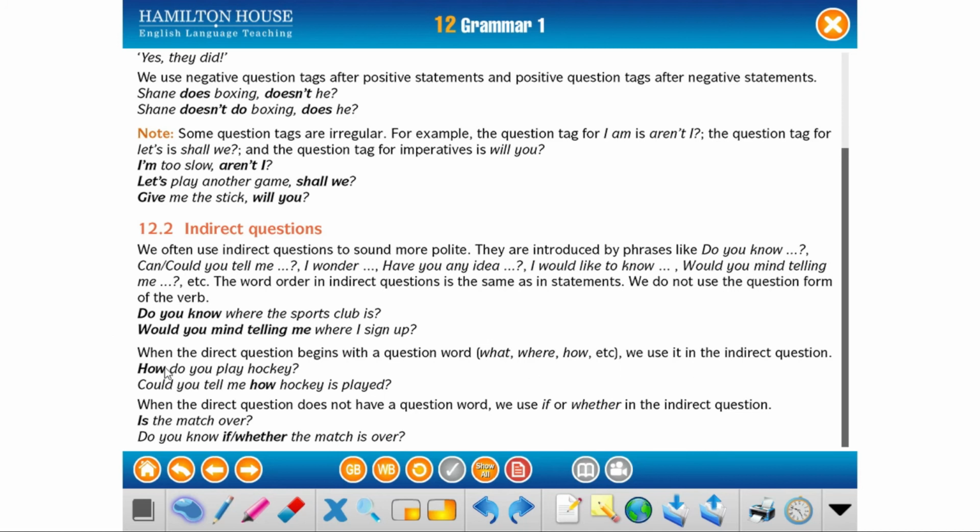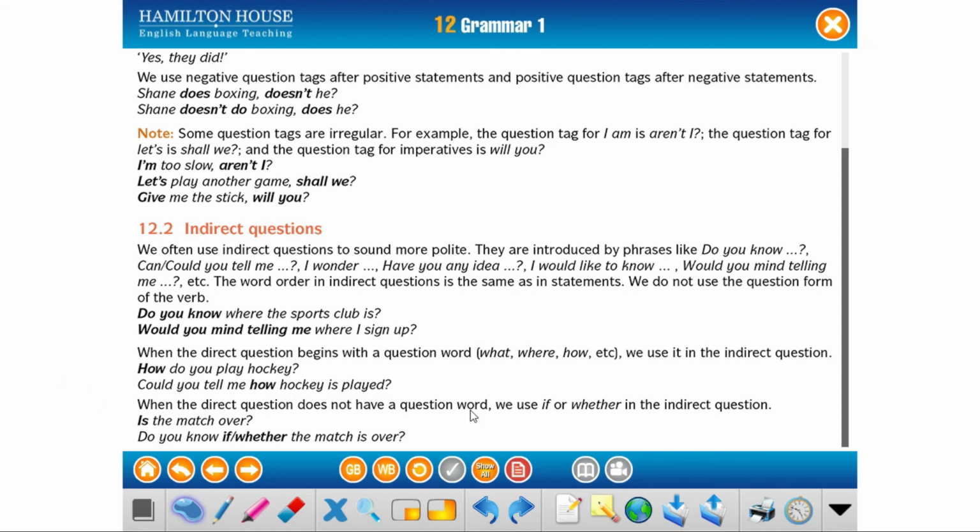Then it says, when the direct question begins with a question word, what, where, how, when, why, who, and so on, we use it in our indirect question, like, "How do you play hockey?" "Could you tell me how hockey is played?"